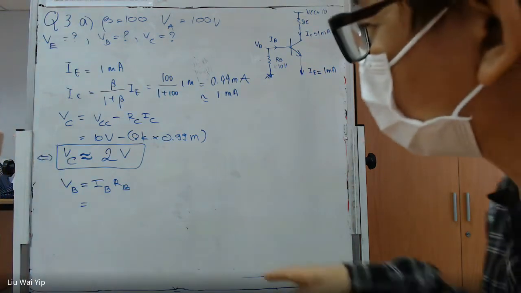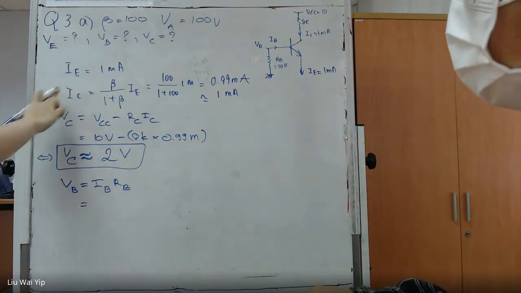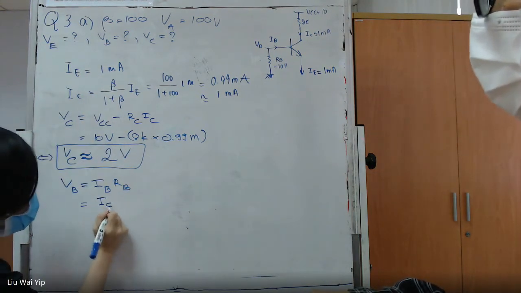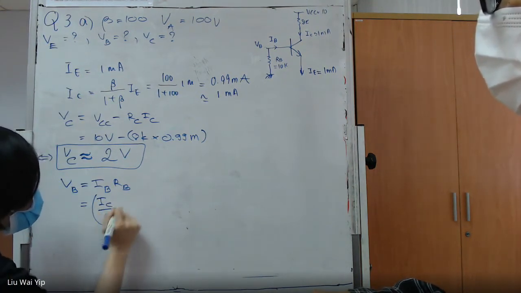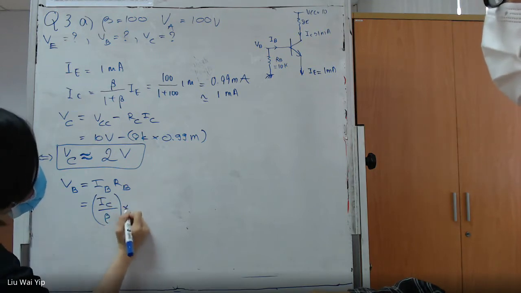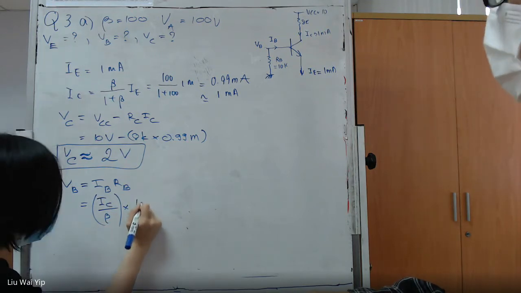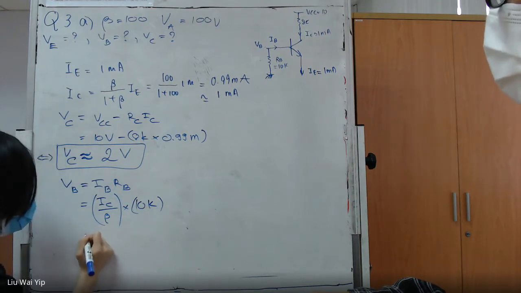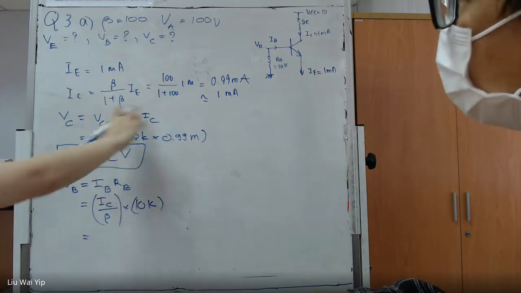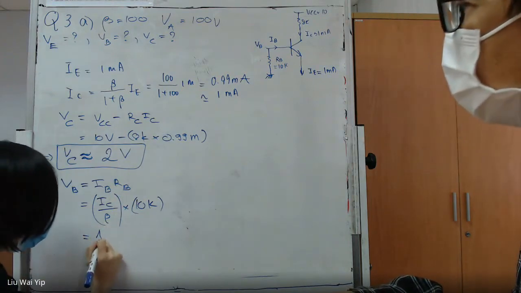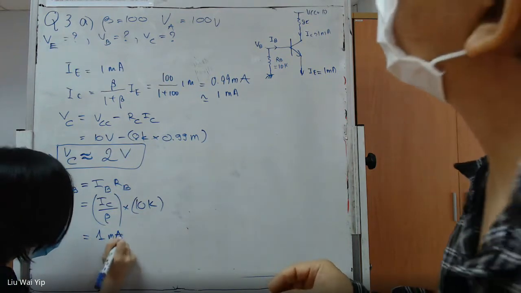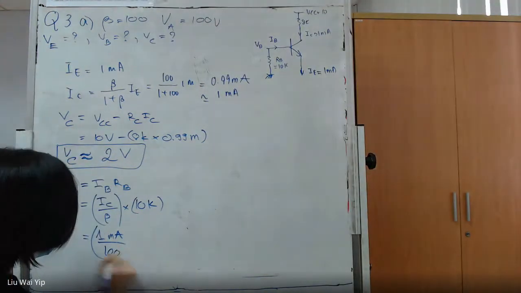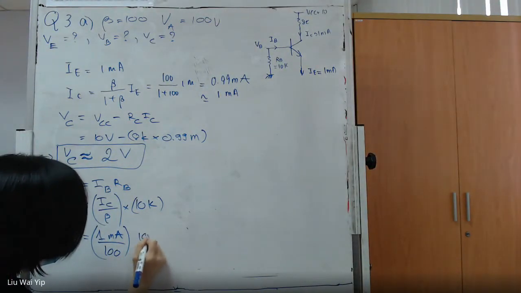And how to calculate IB? Correct, IC divided by beta. And RB is 10K. If IC is approximately 1 million, over beta is 100, times 10K.